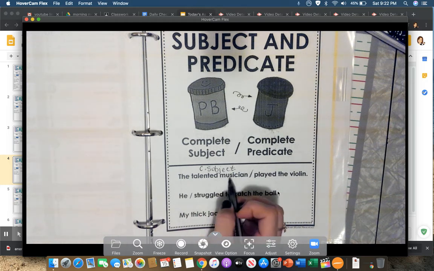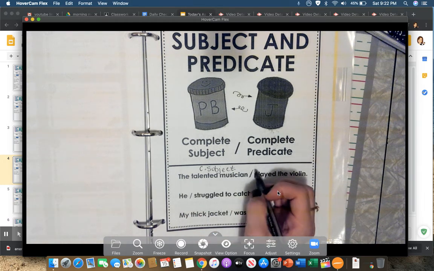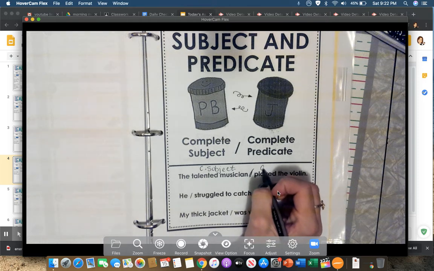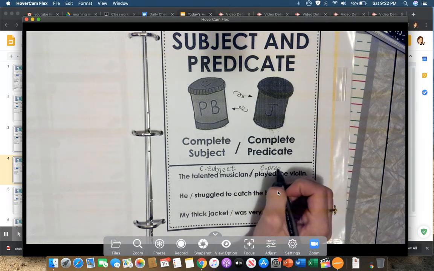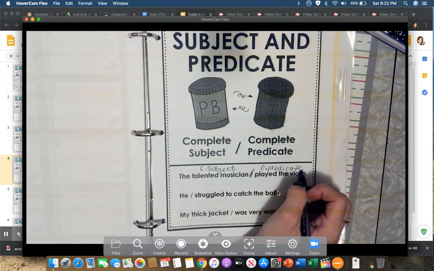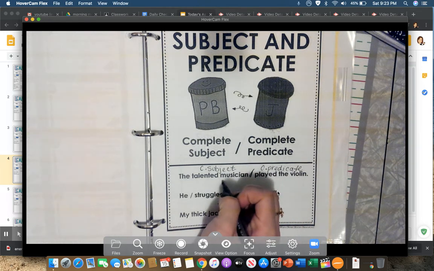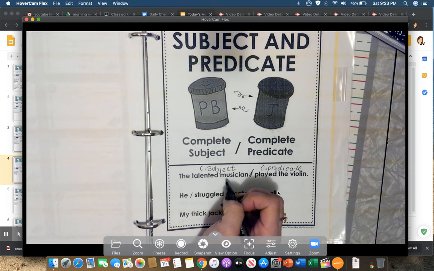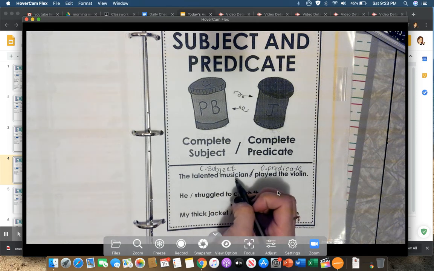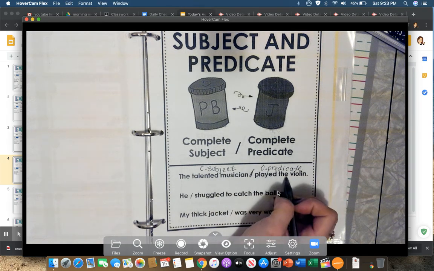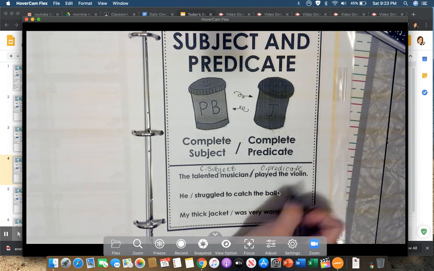It's about the talented musician. The complete predicate comes afterwards, so this is the complete predicate. And the complete predicate explains what they're doing, who they are. Maybe it's describing them with an adjective or there's a verb, okay? So the talented musician, what? Played the violin. So that's the predicate.